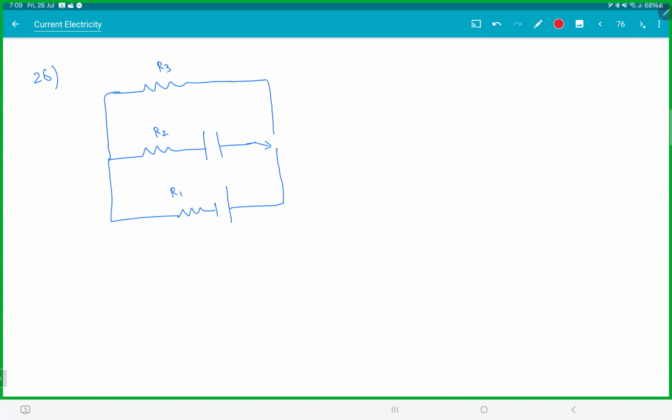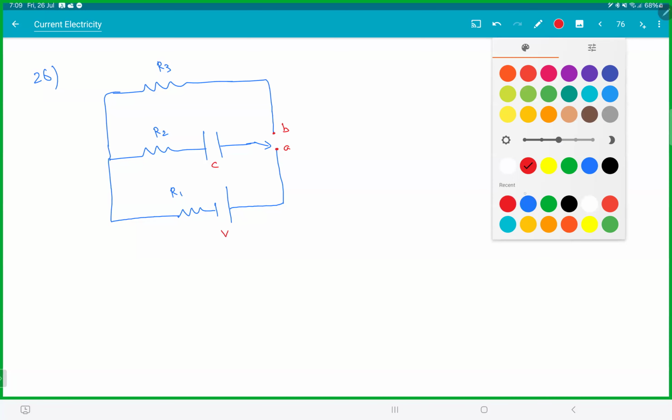The switch can be flipped between A and B. This is capacitance C and this is there.